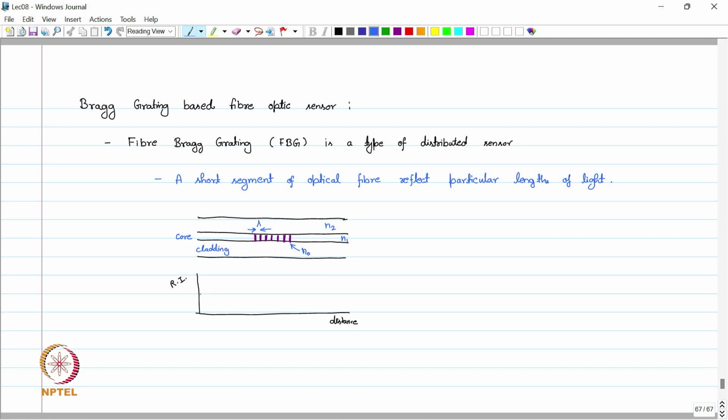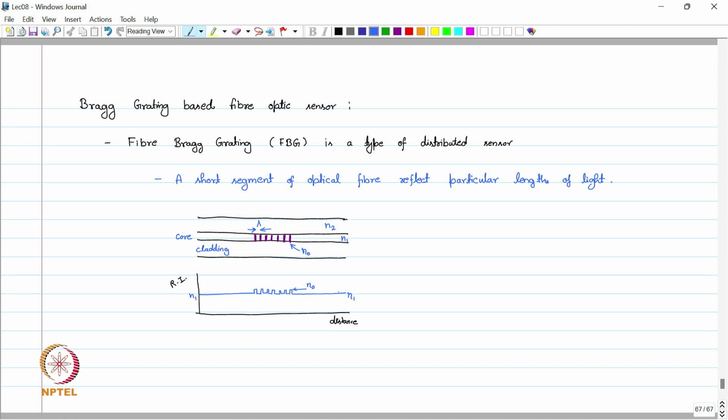So across this length the core is constant at N1, but when the grating is there this changes to eta naught. So this value is eta naught and this is eta 1.